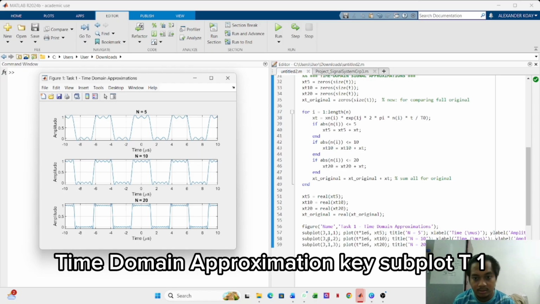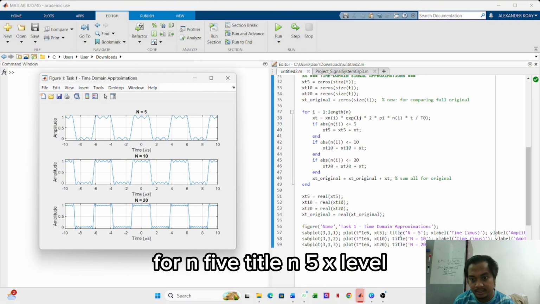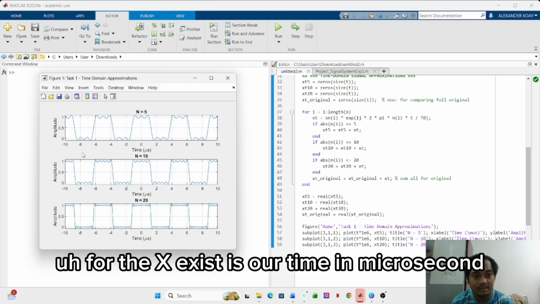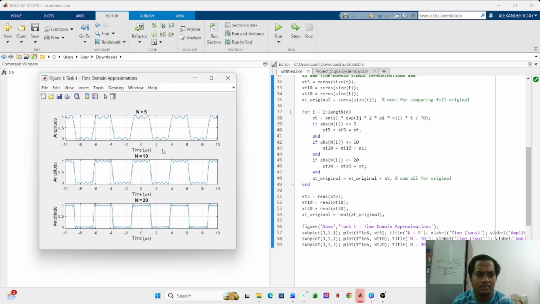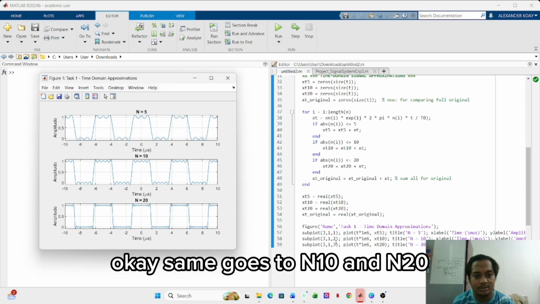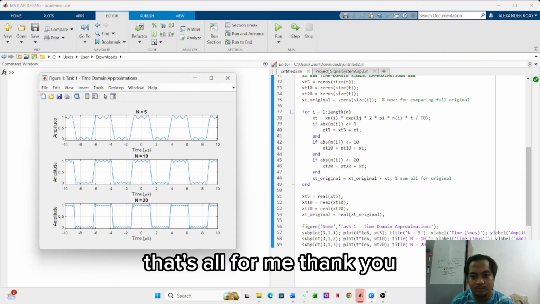Subplot 311, plot t times 1e6 versus xt5 for N5, with a title and an N5 x label. For the x-axis is our time in microseconds, and our y-axis is amplitude. Same goes for N10 and N20. That's all from me. Thank you.